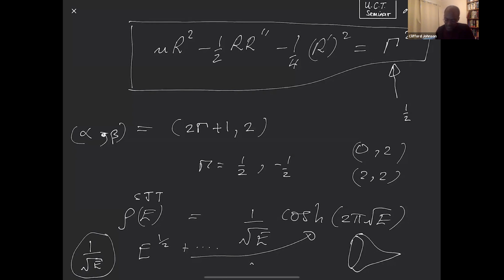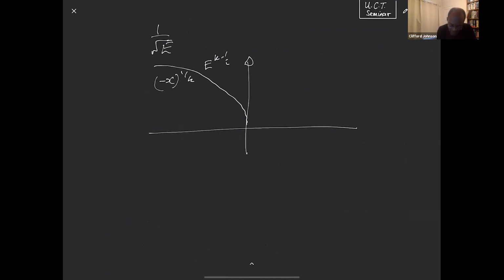And the really nice thing that I realized was that 1 over root e that everything leads off with is precisely, there's the potential, there's the e to the k minus a half type behavior, sorry, there's the minus x to the 1 over k type behavior in that direction. That's common to both kinds of models, which will eventually yield the e to the k minus a half piece.